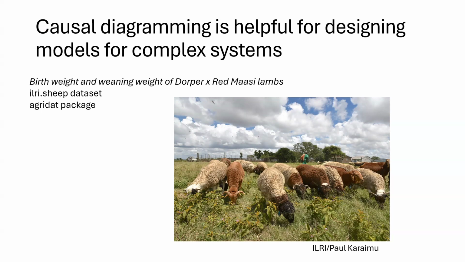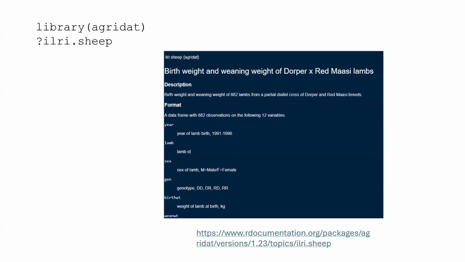This is a data set from the agridat package that's freely available. The main research question is: how does the genotype of the lamb influence its birth weight and weaning age, which, as a non-sheep farmer, I assume are agronomic traits of interest?